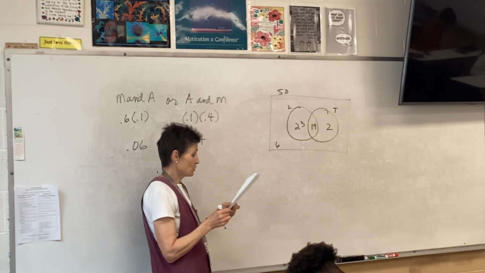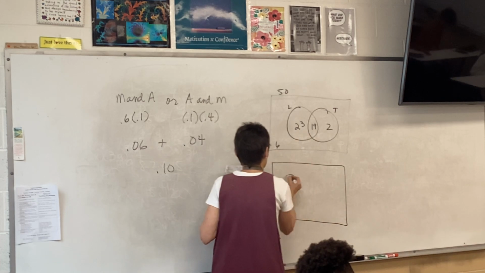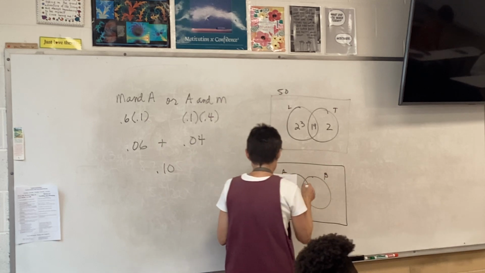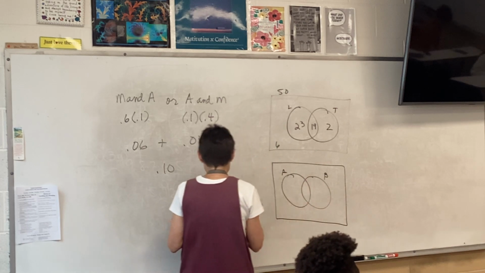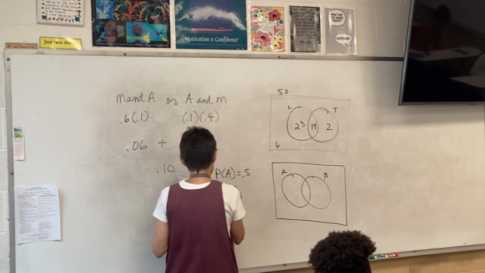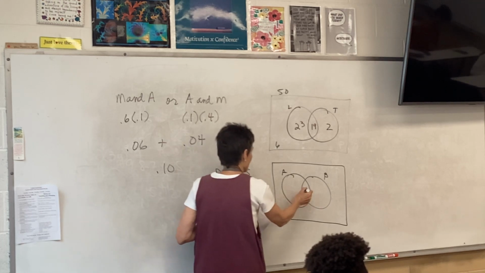Okay, number 2, another Venn diagram. We got apples and bananas. And we know that apples is 0.5, bananas is 0.6, and apples and bananas is 0.3, that's our center one.